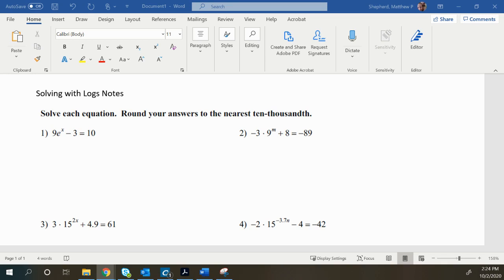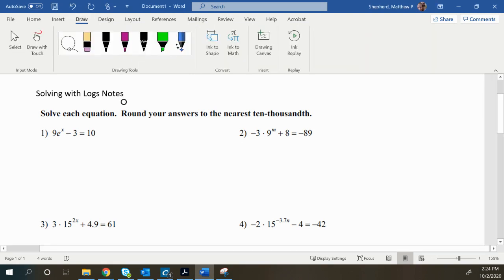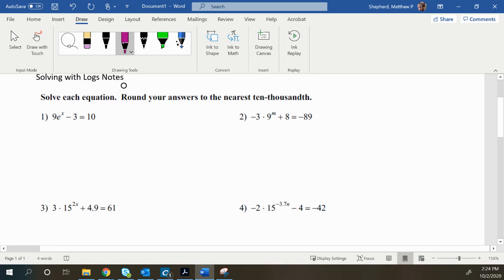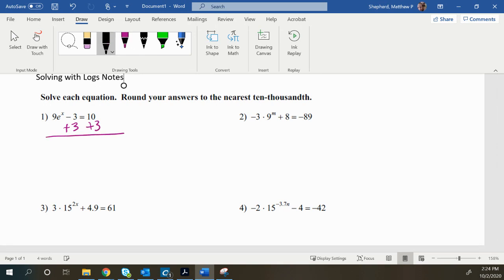Okay, so we're going to be talking about solving equations using logarithms and exponents as inverses. Now, some inverses you should be fairly familiar with. In this equation, as I try to figure out what x is, I would first add 3 to both sides.